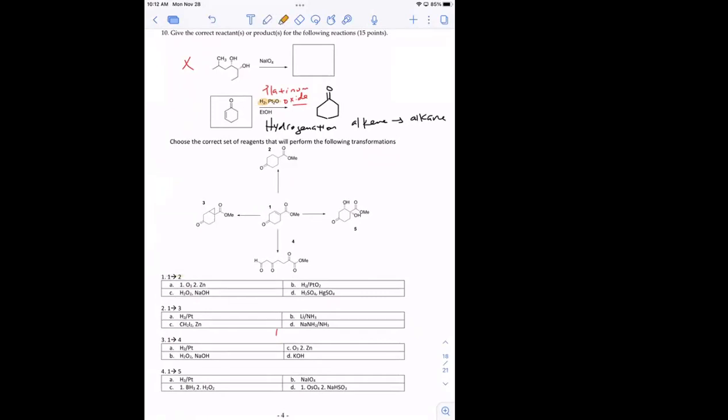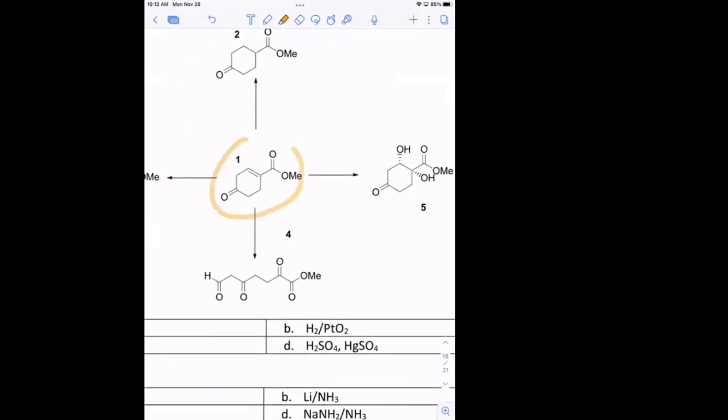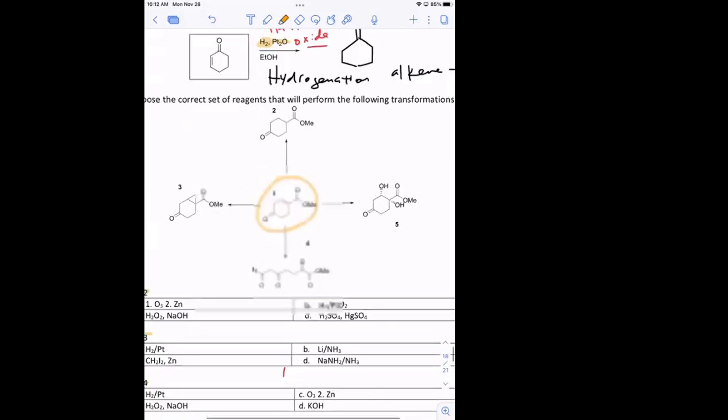So 1 to 2, 1 to 3, 1 to 4, 1 to 5. 1 is my starting material, which is here. Again, we're doing reactions of alkenes, so no other functional group matters. All we care about are the alkenes. The carbonyls and all that other stuff in this molecule we don't care about, because the reactions we're doing are specific to alkenes.